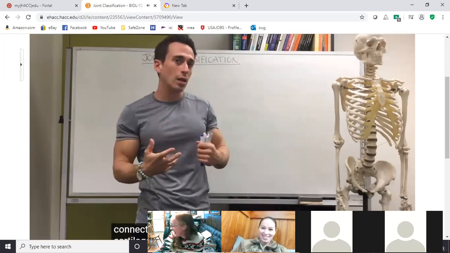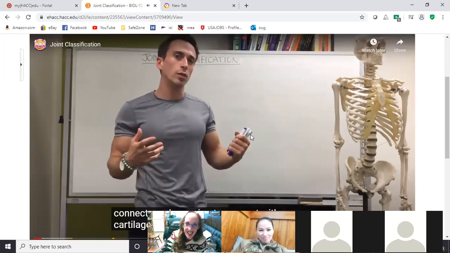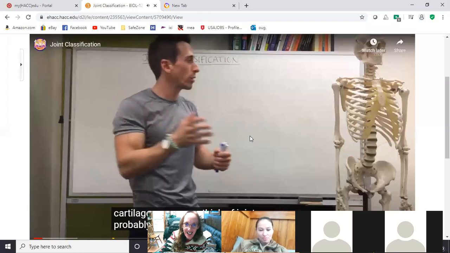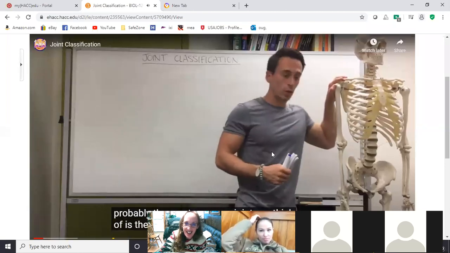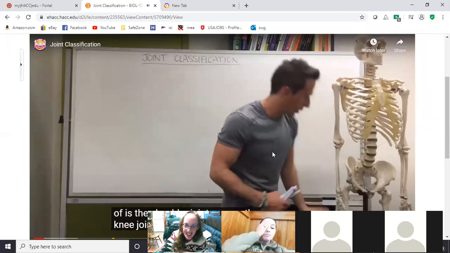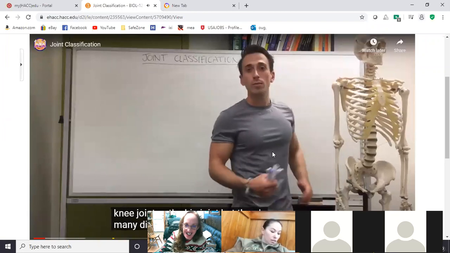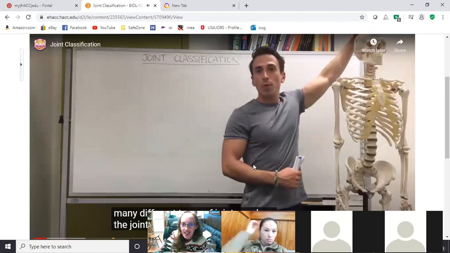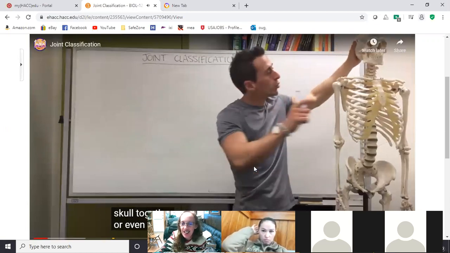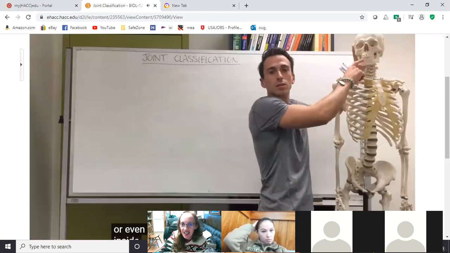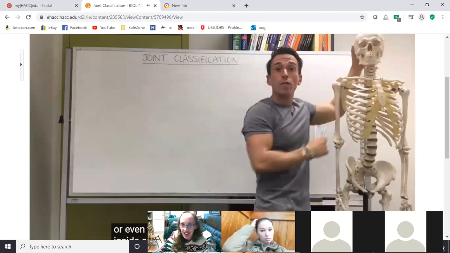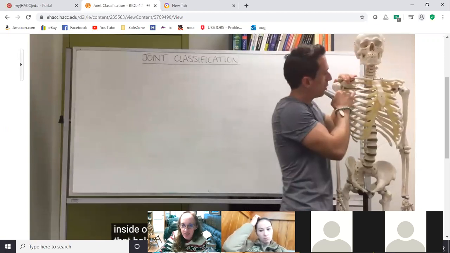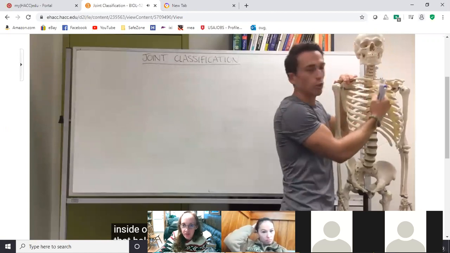Bones connect with cartilage. So you can think of joints as, probably the most common joints you would think of is the shoulder joint, or even the knee joint or the hip joint. But there's many different types of joints, such as the joints that hold the bones of the skull together, or even the joints that hold your teeth inside of your jaw, or even the joints that hold your ribs to your sternum.